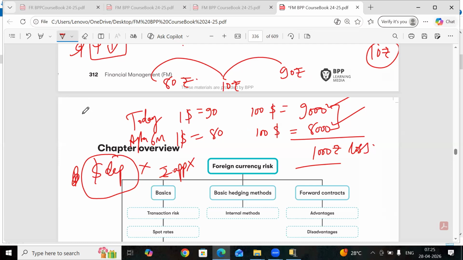So here I sold dollars because I'm receiving dollars. It's a receivable for me, a dollar asset. I'll exchange that with the bank, I will sell that to the bank. Previously I would have got 9,000. Today I'm getting 8,000 after 6 months. So 1,000 loss.